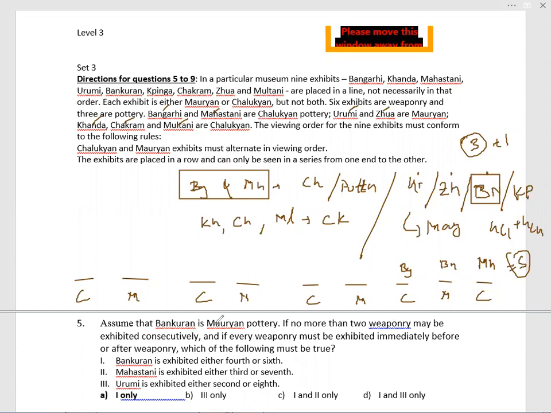And if every weaponry must be exhibited immediately before or after weaponry, so minimum 2 weaponry must be there together. How many weaponry do we have? 6. So it will be weaponry, pottery, weaponry, pottery, weaponry, pottery, or maybe pottery, weaponry, weaponry, pottery, weaponry, weaponry, pottery, weaponry, weaponry.